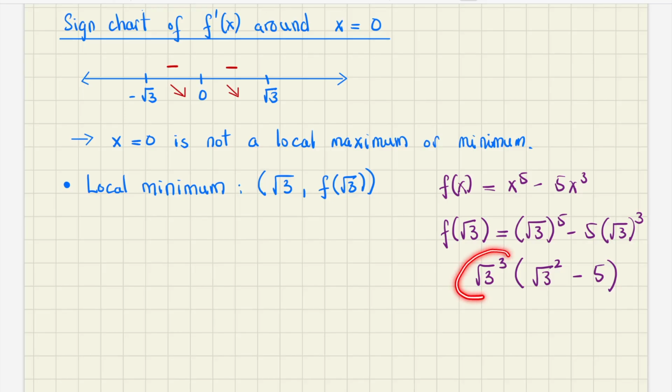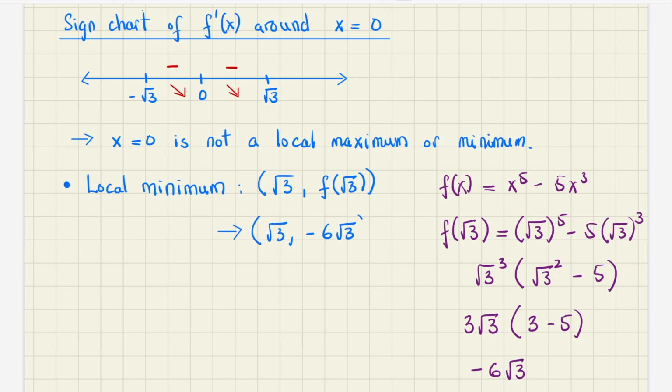Root 3 to the third is 3 root 3. Root 3 squared is 3. 3 minus 5 is negative 2. And negative 2 times 3 is negative 6. So I have negative 6 root 3. So the local minimum is at root 3 comma negative 6 root 3.